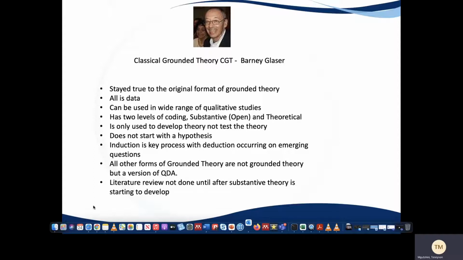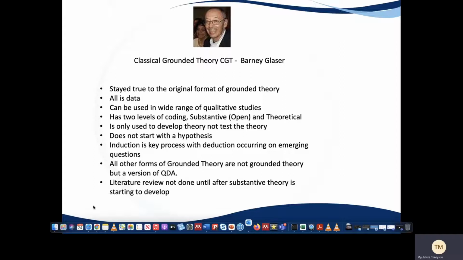And then it talks about the fact that when you develop theory, it can happen at 2 levels, and one is this substantive open level, and one is this theoretical level.